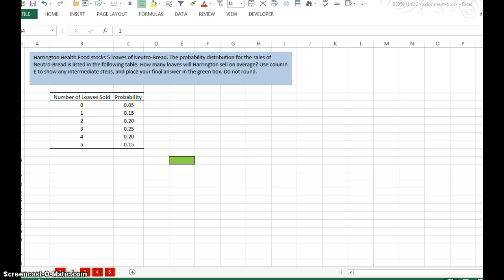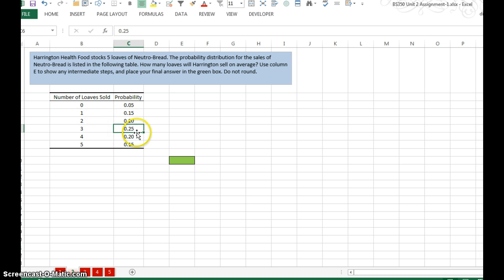What we'll have to do is the intermediary step of multiplying the probability times the number of loaves. So we're going to take the probability of selling 0 loaves times 0 loaves. Then 15%, the probability of selling 1 loaf, times 1, 20% times 2.